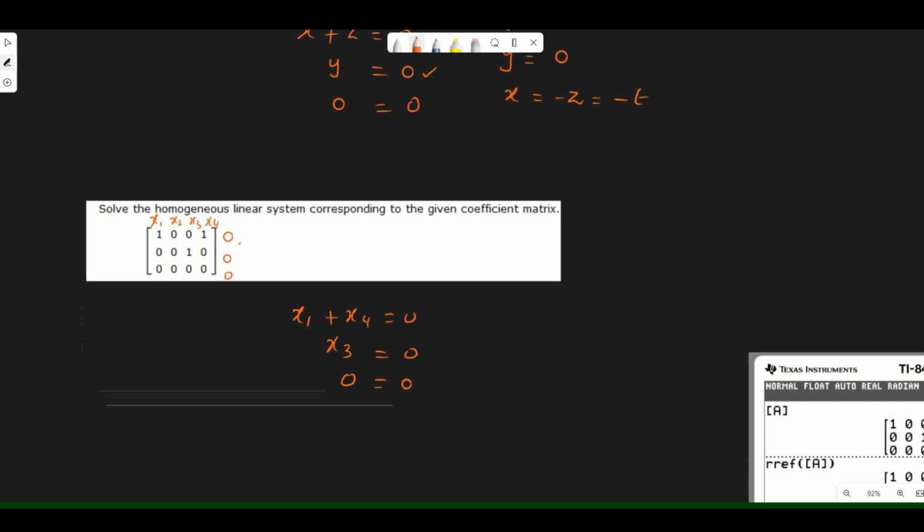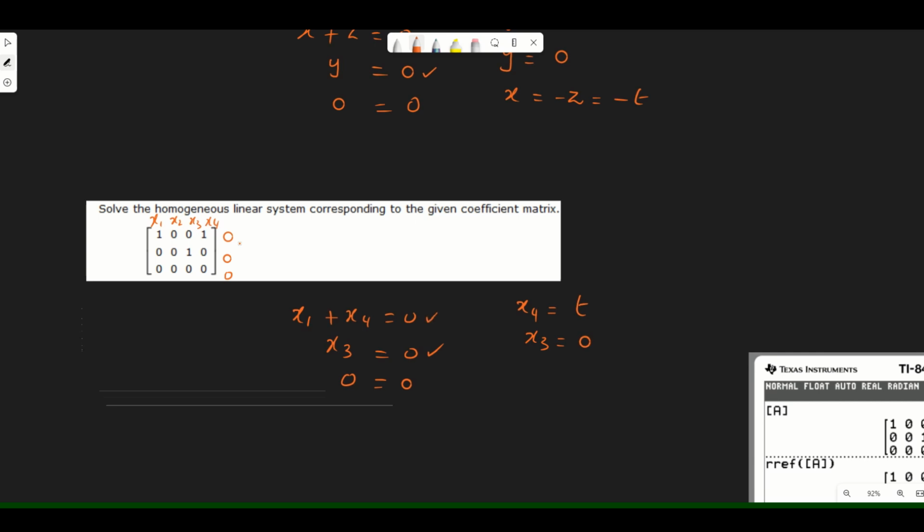So since I have just two non-zero equations with 4 unknowns, using the backward substitution from the bottom, starting with x4, I can take that as a parameter t. x3 is already 0, so I have x3 equal to 0.